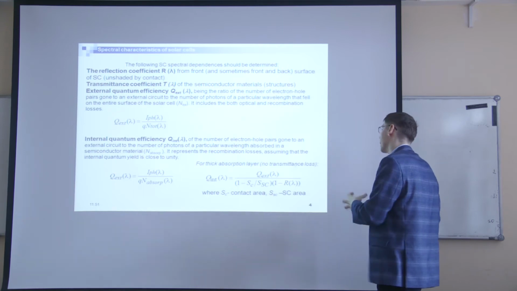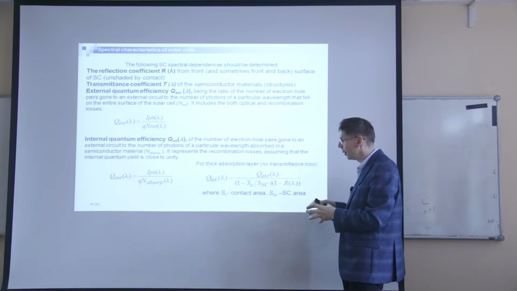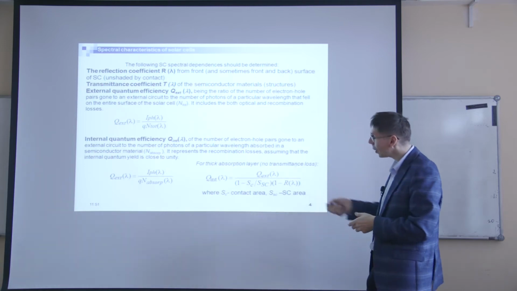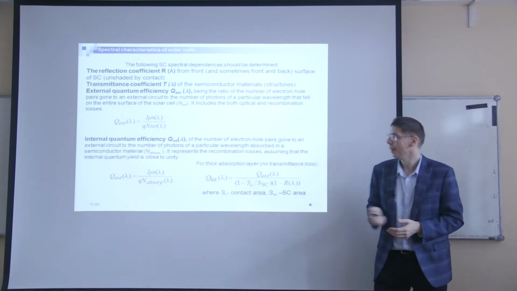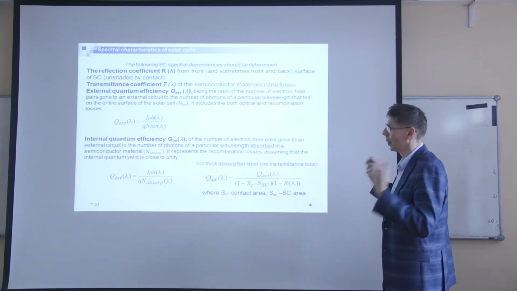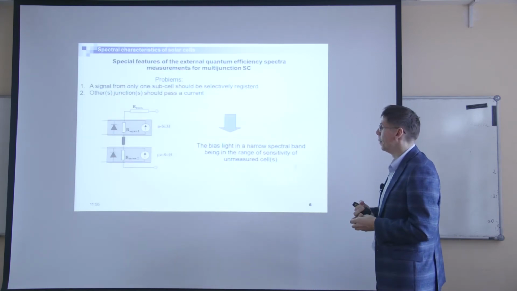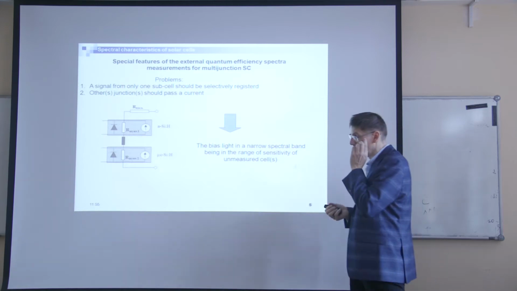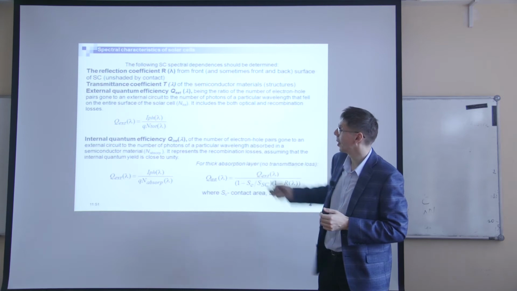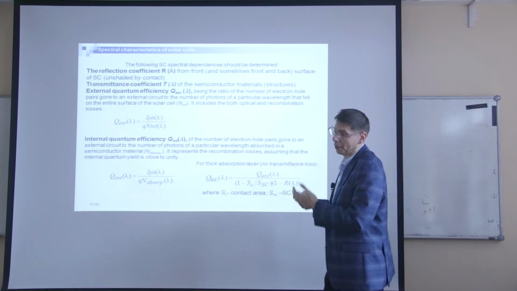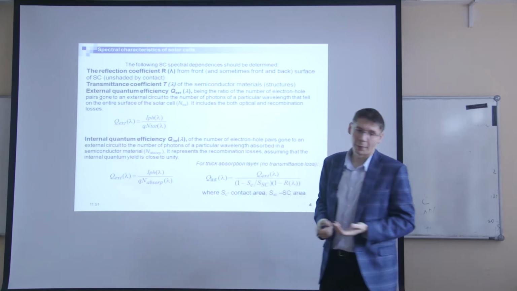If you want to analyze what really happens inside the solar cell, inside the structure, you need the internal quantum efficiency. So that's some words about why we need it. And it seems to be quite easy to measure the quantum efficiency, because you just need to measure the photocurrent at some wavelength and know the number of photons.